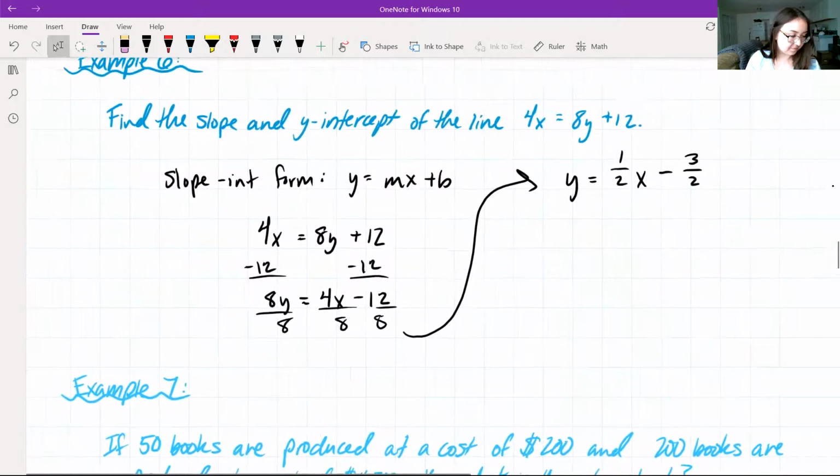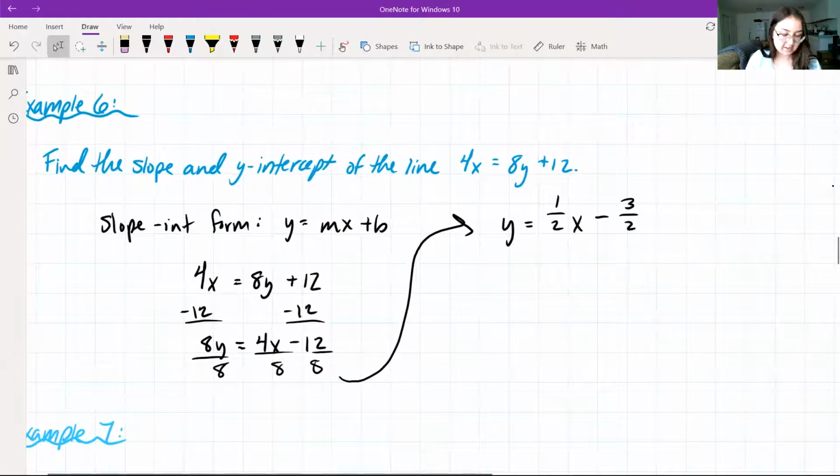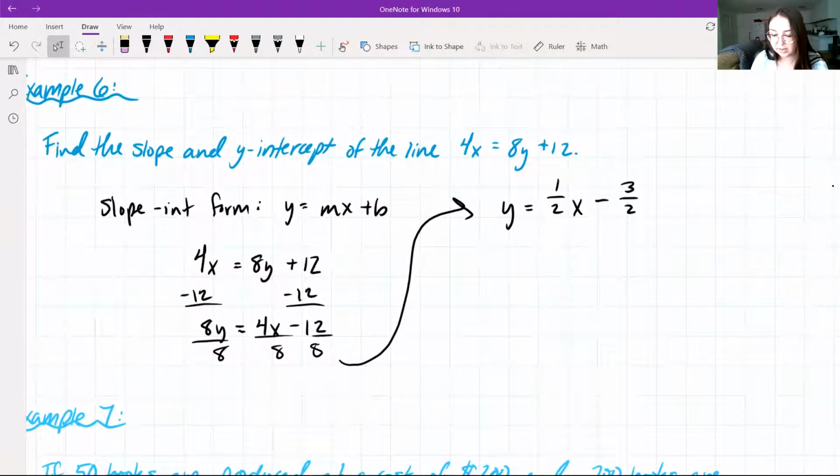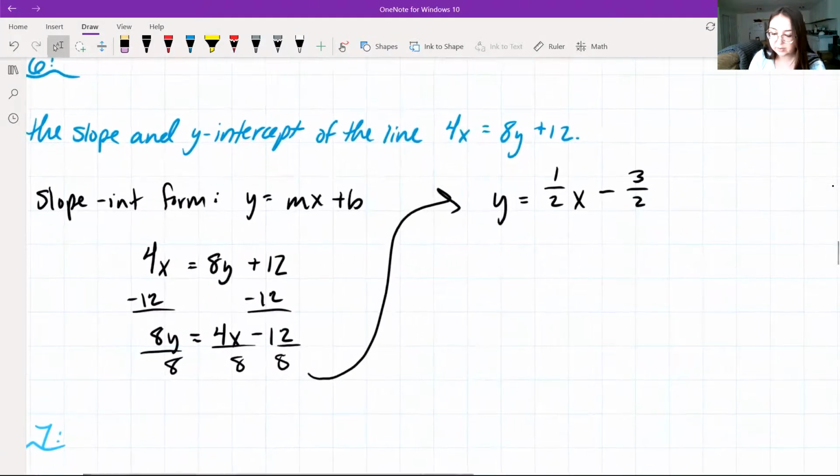So in this case, we see that our slope is 1/2, and our y-intercept is b.